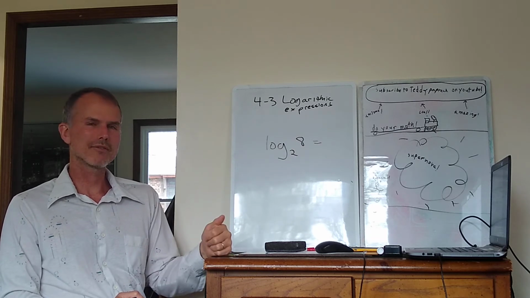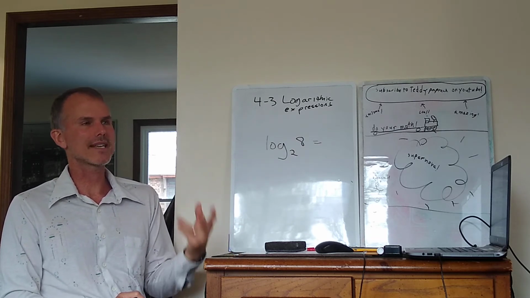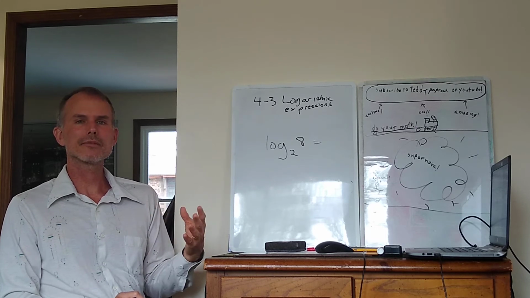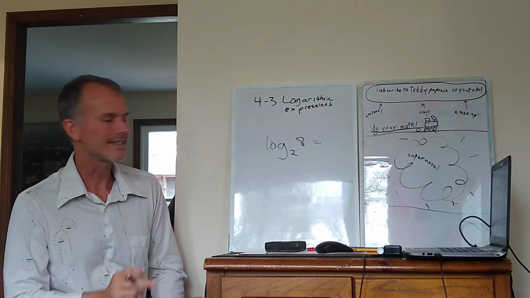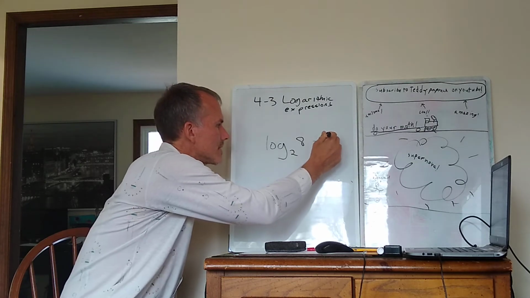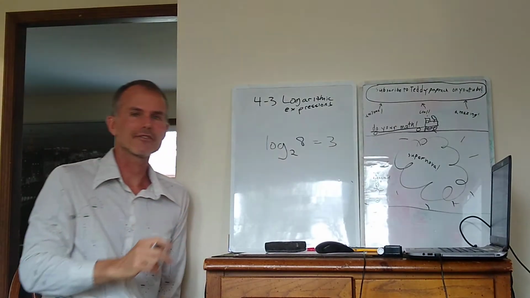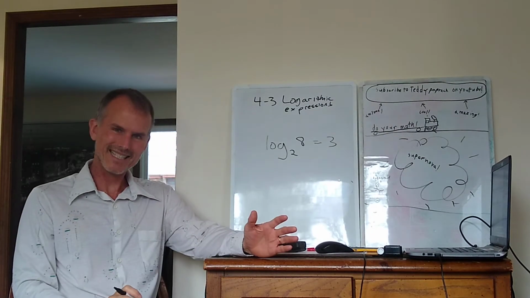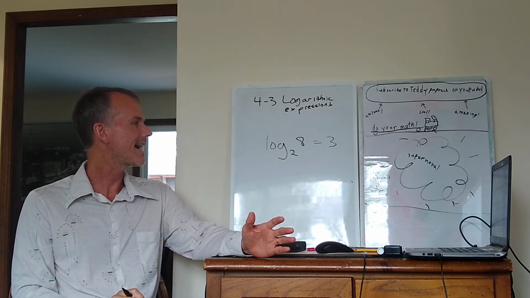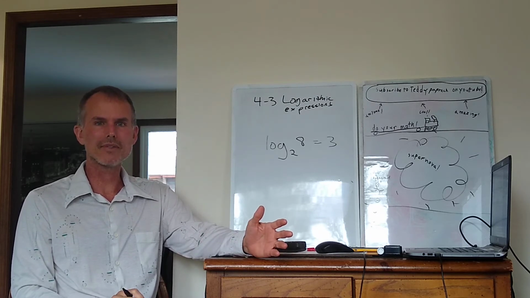Well, let's see, 2 to the first power is 2, 2 to the second power is 4, 2 to the third power is 8. So 2 to the third power gives me 8, and that completes my logarithmic equation.